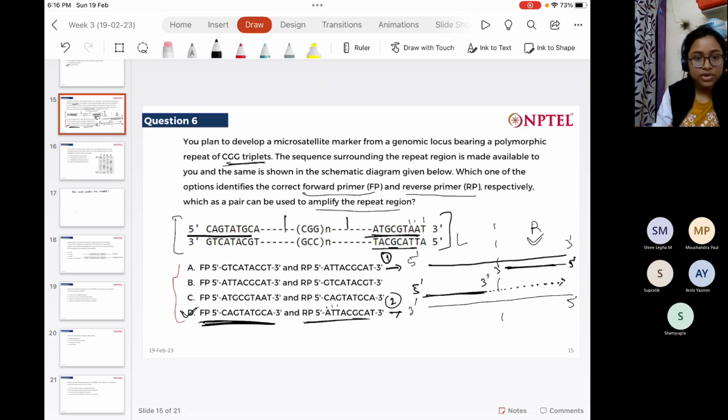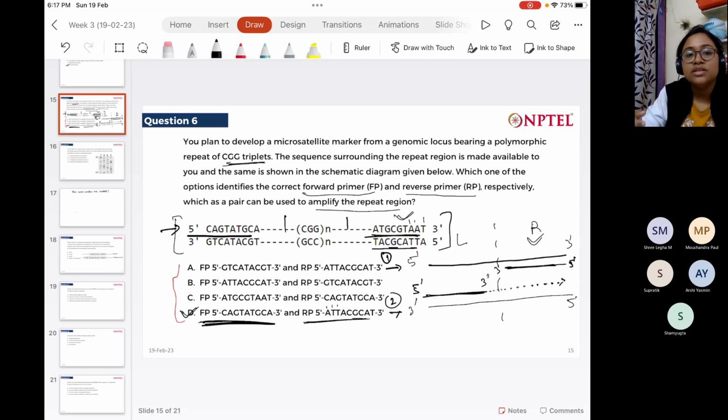The sequence of the forward primer is exactly the same as the 5 prime end of the first sequence. Whereas the sequence for the reverse primer is the complement of the 3 prime end sequence on the right side of the first strand.